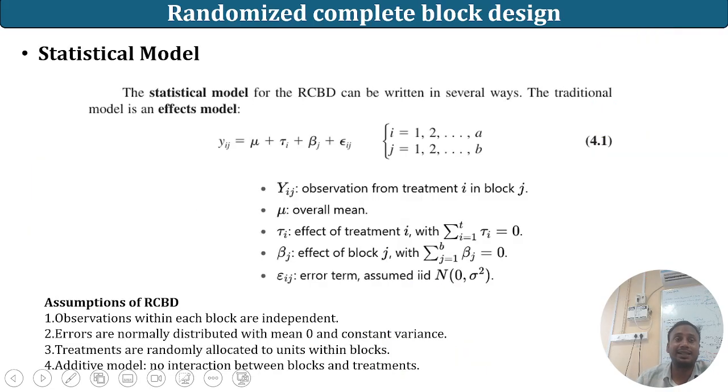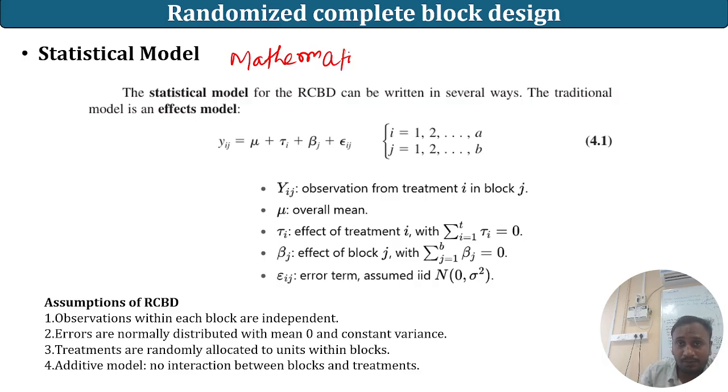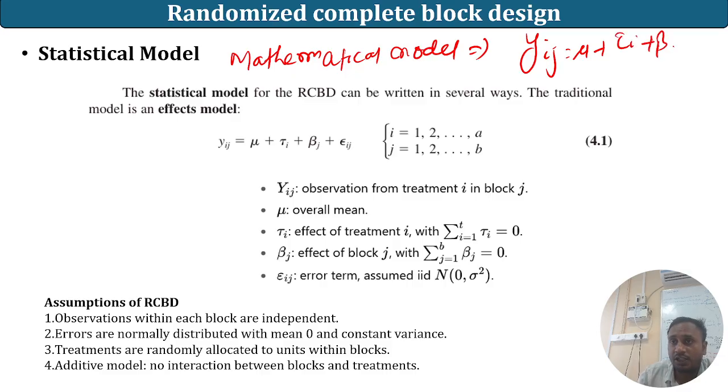So what will be the mathematical model? Yij has only two things: mu plus treatment plus block plus error. Mu is the overall mean, then the treatment effect, then the effect of block, then the error, which is always there.